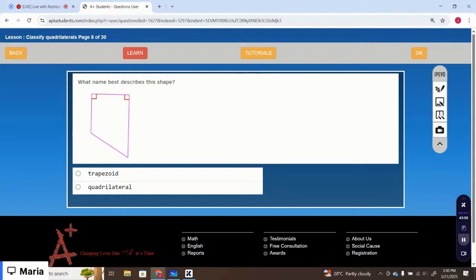What name best describes this shape? Trapezoid or quadrilateral? That is trapezoid. Okay, you can complete the lesson by yourself later today. Let me just move on to the next lesson.